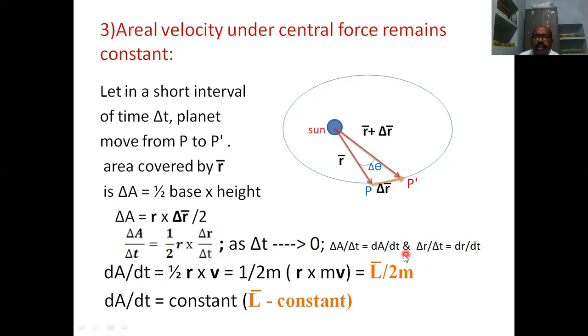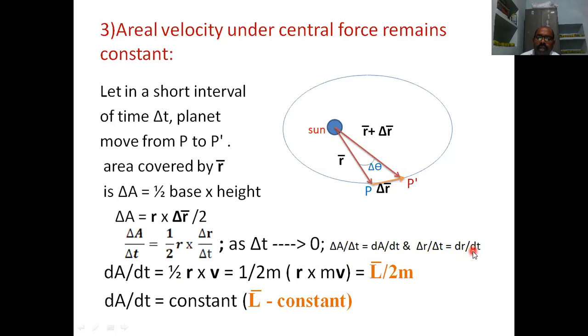Delta t tends to 0 means within a short interval of time, so this delta r also is very small. In that case, we are writing these equations.